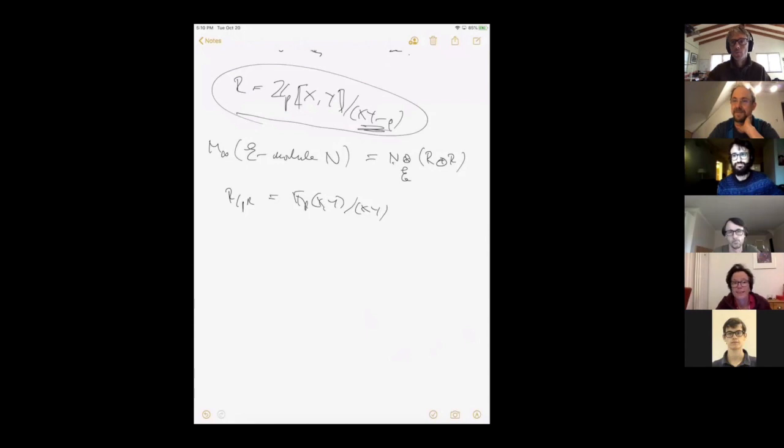Can I ask another basic question? Of course. When you talk about these extensions, how do you compute them in practice? Do you really use that you are in GL2 and then compute explicitly?